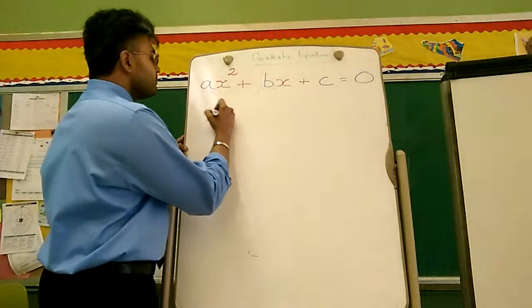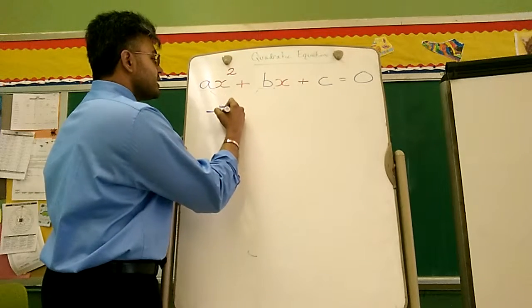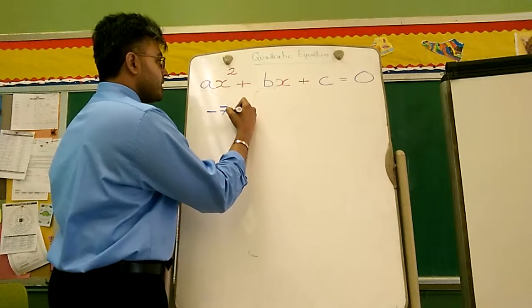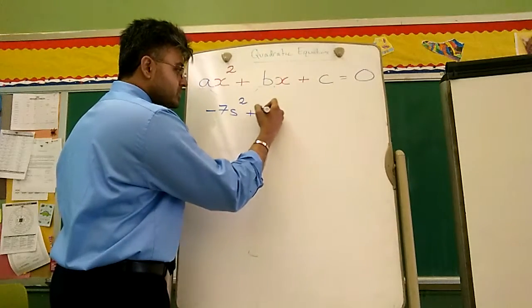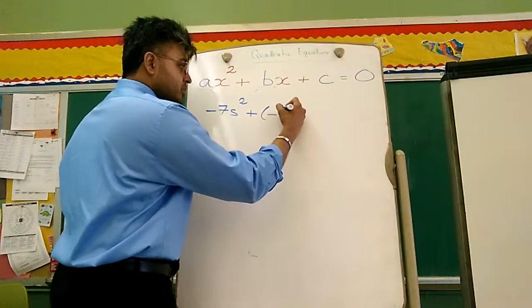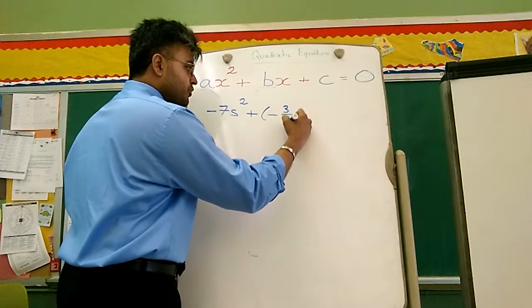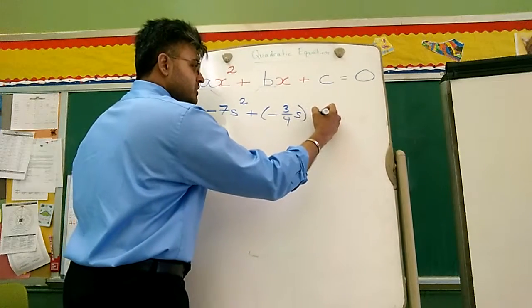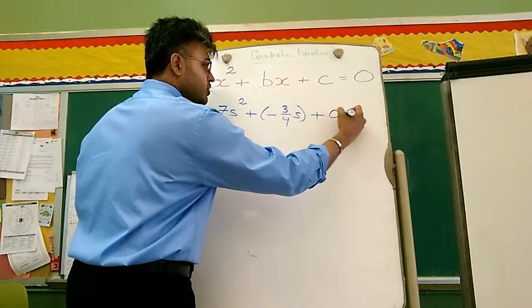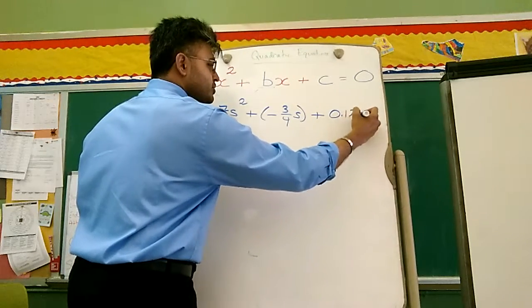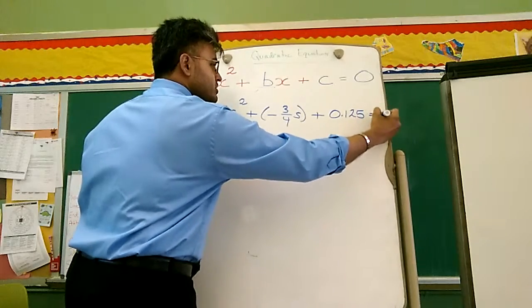Let's try minus 7s squared plus minus 3 over 4s plus 0.125 equals 0.